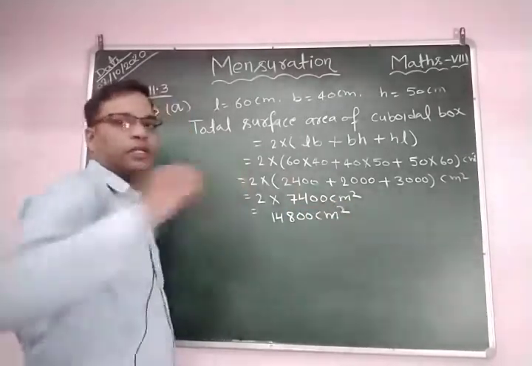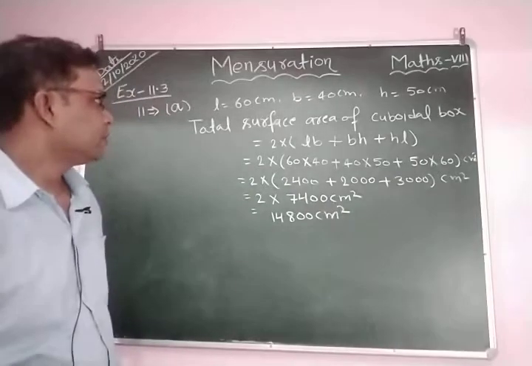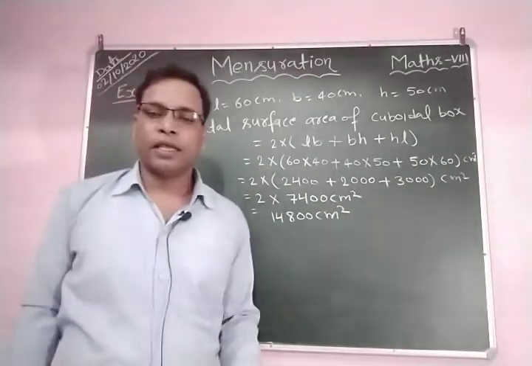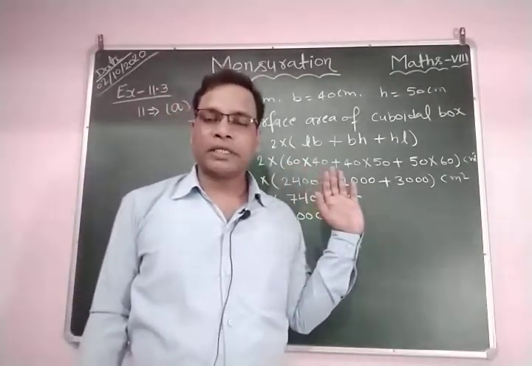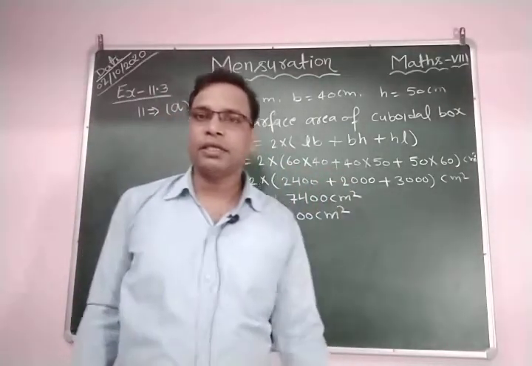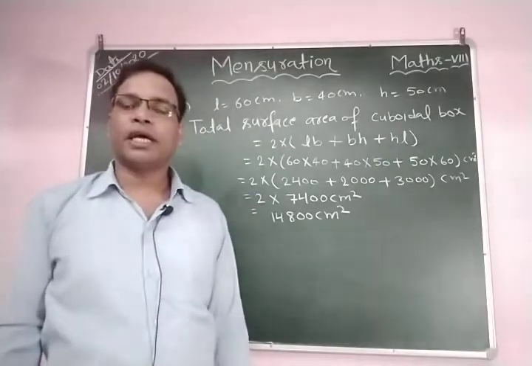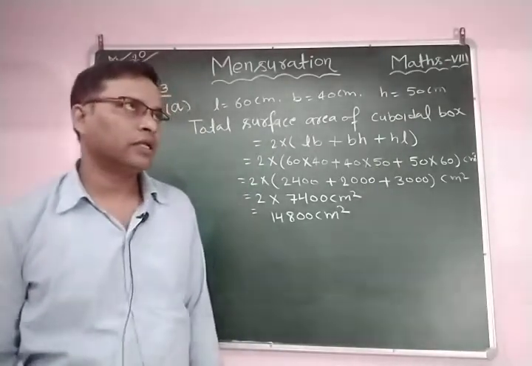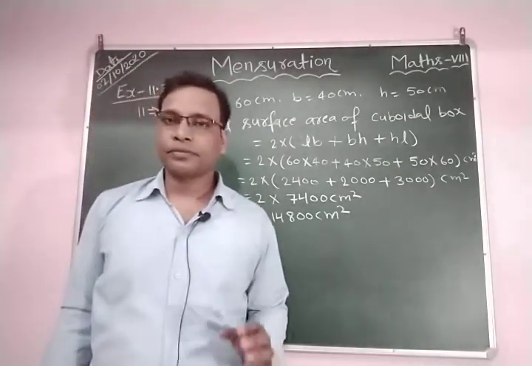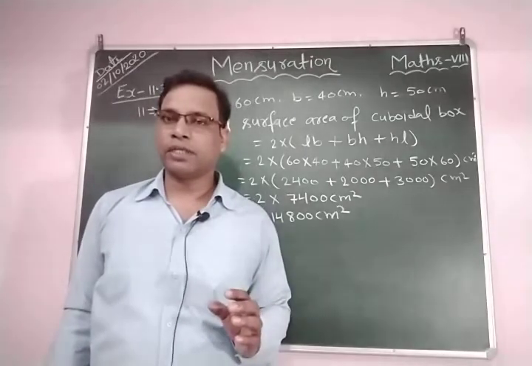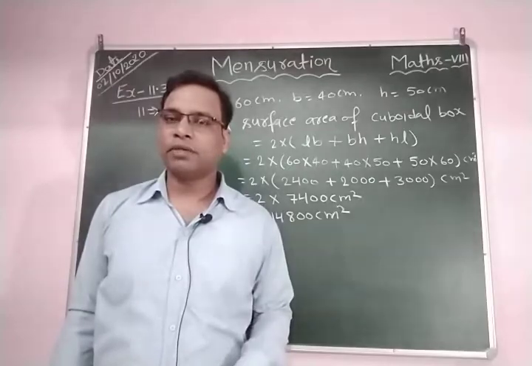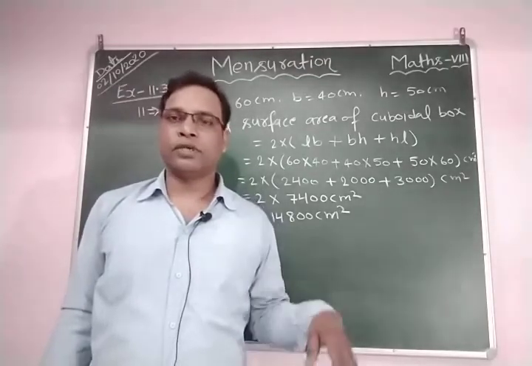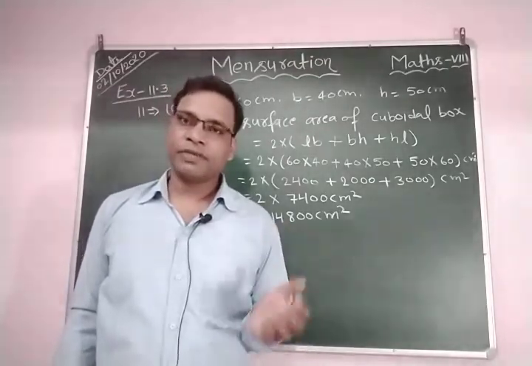centimeter square. Okay. So in this question you can see in the figure the given length of the cuboidal box is 60 centimeters, breadth is 40 centimeters, and the height is 50 centimeters. You know very well a cuboid has 6 faces, each a rectangle, so you can find the area of each face.